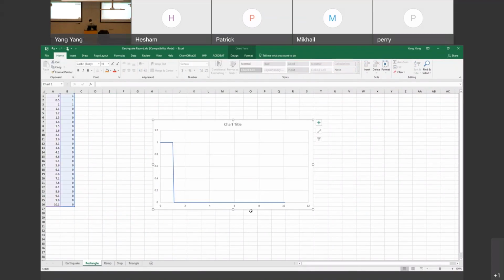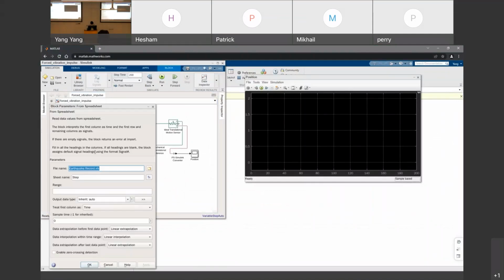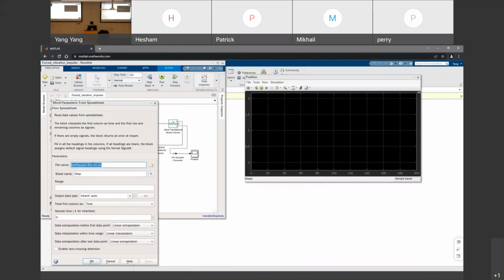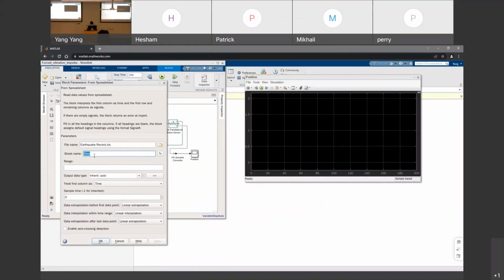If the time is over 1, the force is 0. So that's a rectangular impulse. What will be the result here? Let's see. We change the input to the file called rectangular.